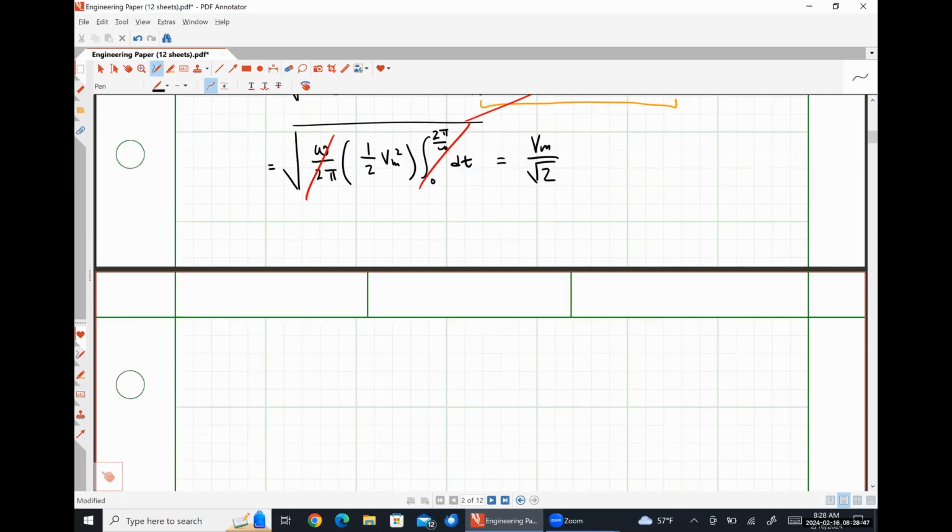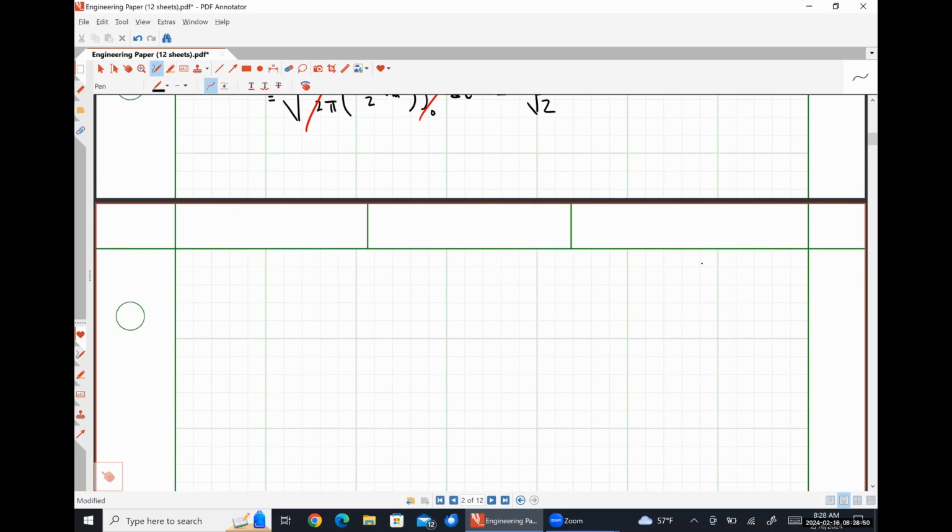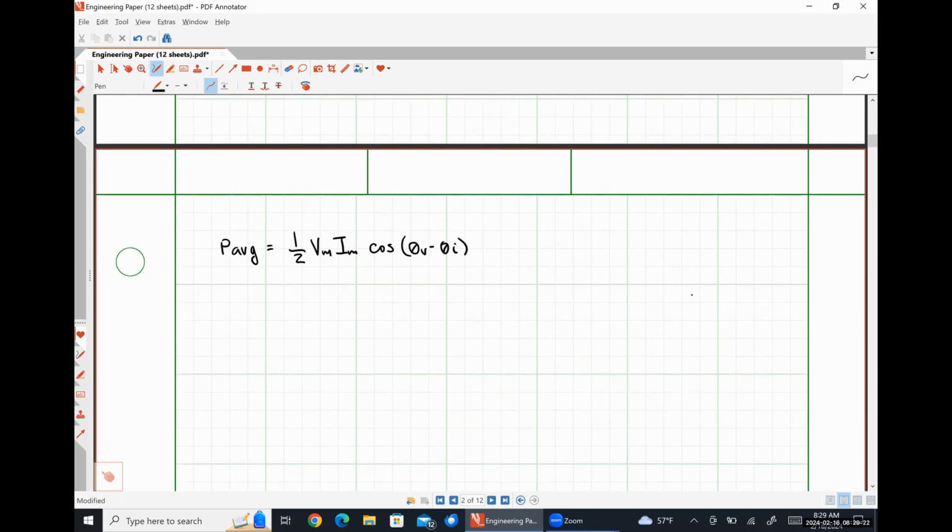So let's take a look at something. In our last class meeting, we found that for a sinusoidally excited system, our average power was given by 1/2 Vm times Im times the cosine of theta v minus theta I. I'm going to play around with that factor of 1/2 out front, and I'm going to distribute it like so.